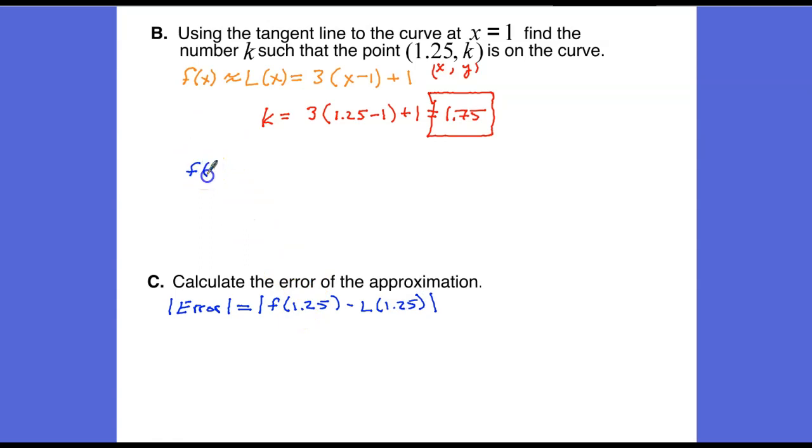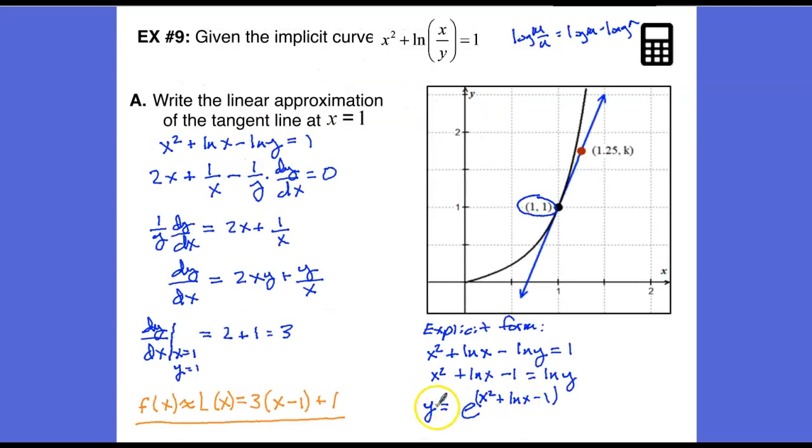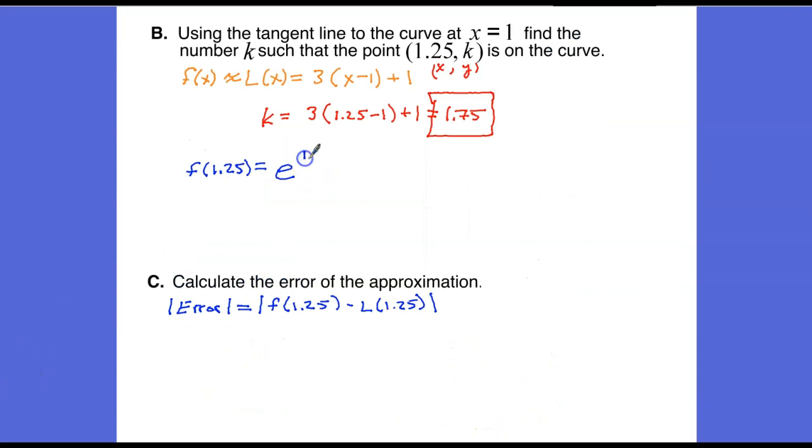So f of 1.25 is going to be equal to, and here's another good use for this formula we derived. This is what I can plug into to find out what f of 1.25 is. We just plug in 1.25 for x. So this is e to the 1.25 squared plus the natural log of 1.25 minus 1.